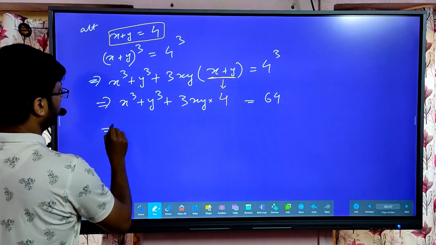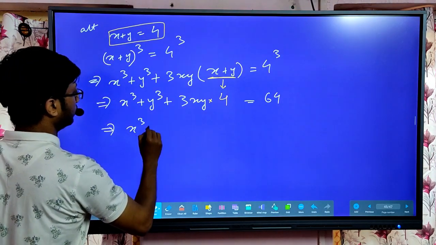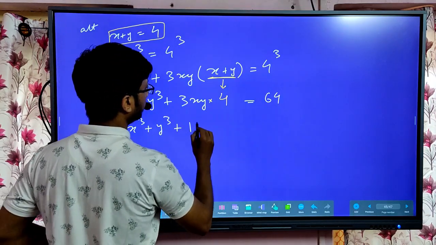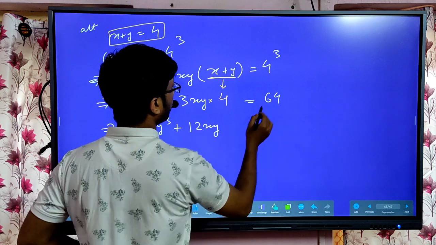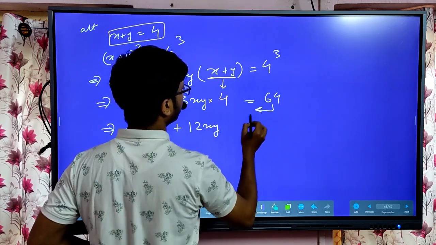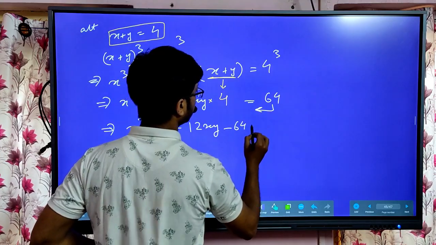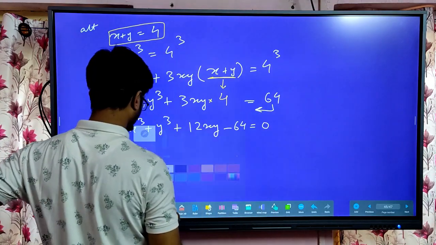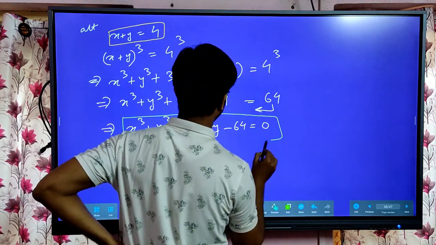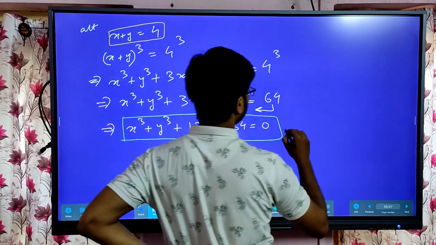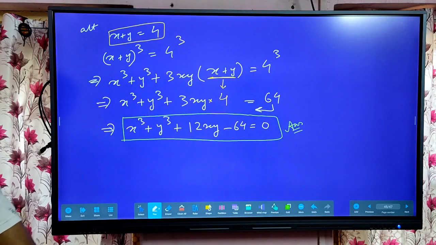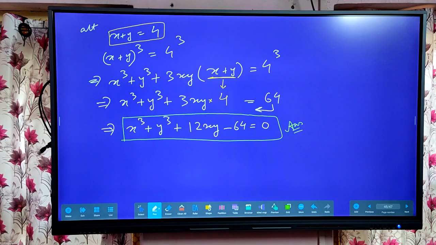Now this is x cube plus y cube plus 12xy, and this 64 will go to the left side and become minus 64 equal to 0. This is the answer. Okay, this is another way.